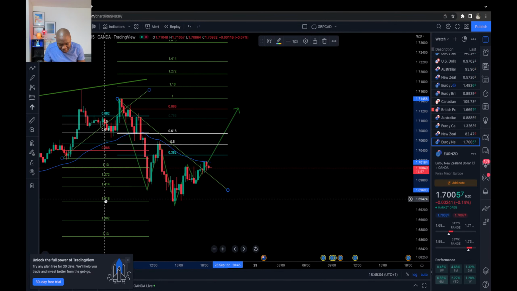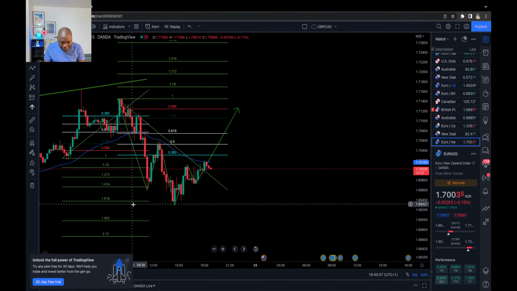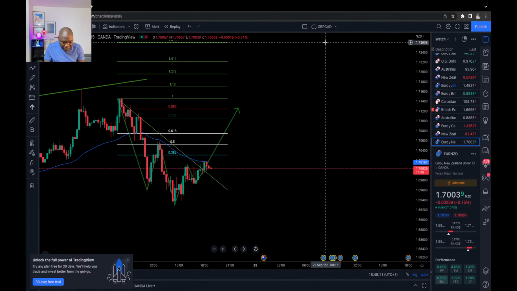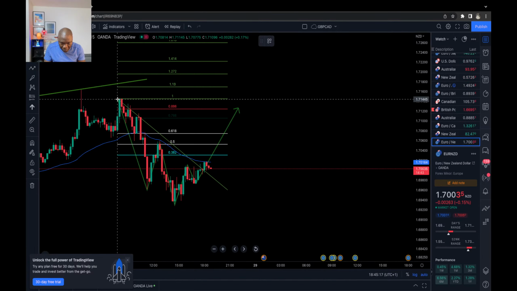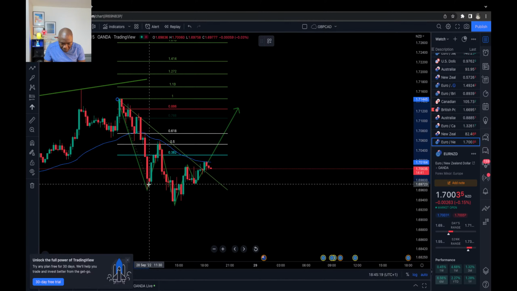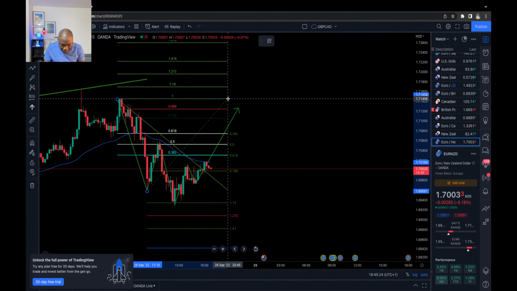Either a Cypher pattern or a Shark pattern, one of the two. X to A. Okay. Yeah, that's 113. So that looks to me like a Shark pattern.